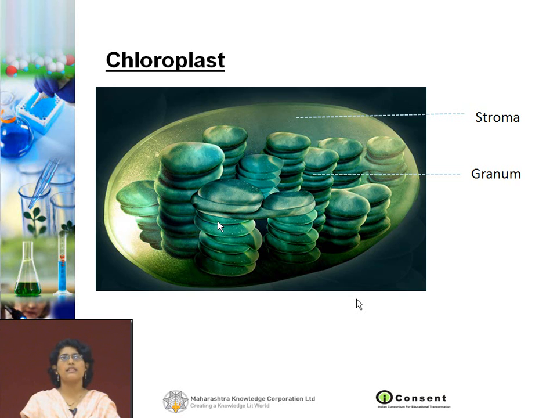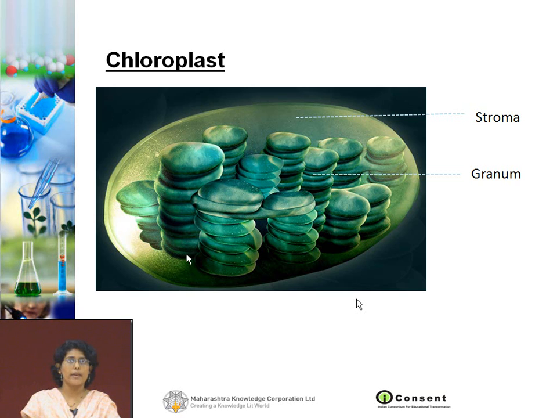In the stroma, a certain membrane structure is present which is called the thylakoid membrane. Like in the cell, the membrane system is called the endoplasmic reticulum, likewise in the chloroplast also there is a membrane system which is called the thylakoid membrane. This thylakoid membrane is present in stacks, that is one above the other, like a stack of coins.